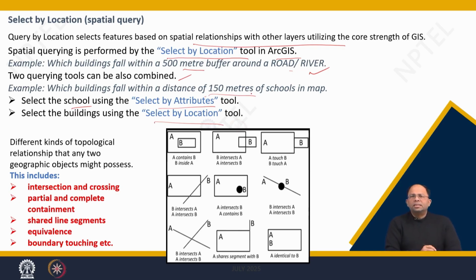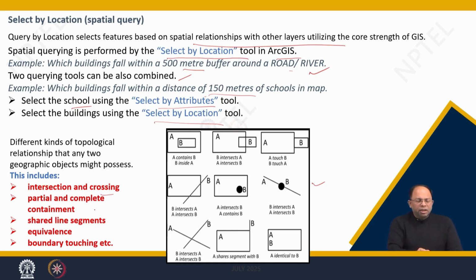Now, what kind of spatial analysis can we do? So this image actually shows you those things. The different topological relationships that two geographic objects possess. So based on that relationship, we can do a lot of these spatial queries. The first one is intersection and crossing. That means if a line is intersecting a polygon, if a point is intersecting a polygon or it is contained in a polygon, if a line is intersecting a point.